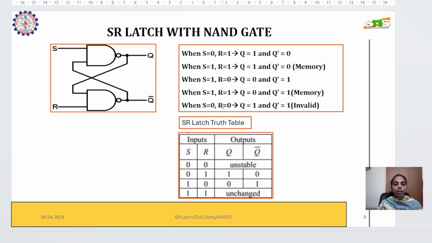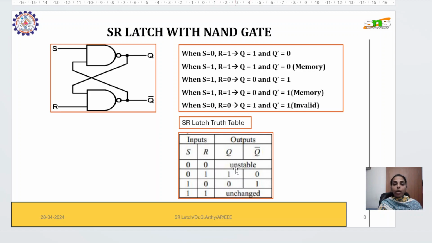And the last case is when S and R are equal to 0. When S and R are equal to 0, it goes to the invalid state. That is, both Q and Q dash will be equal to 1, which is not acceptable. And so this is the truth table.